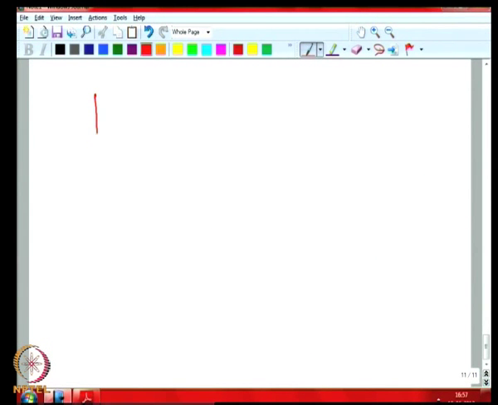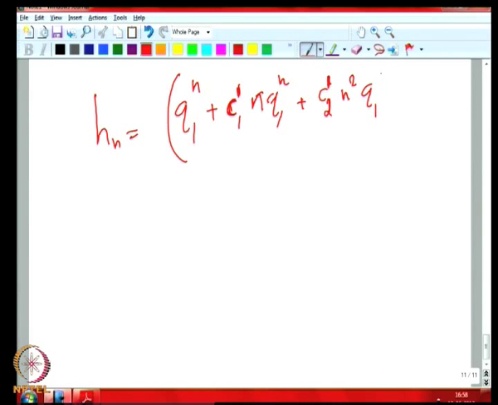So I can write the general solution: hn is equal to c11 q1 raised to n plus c12 n into q1 raised to n plus c13 n square into q1 raised to n and so on, plus c_s1 1 n raised to s minus 1 into q1 raised to n, plus then q2 raised to n.